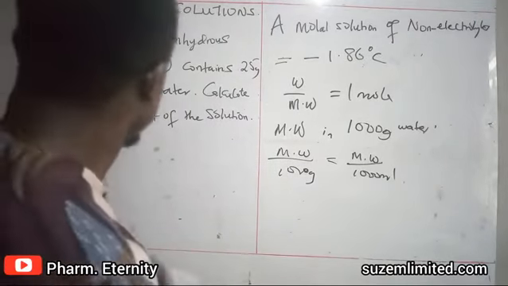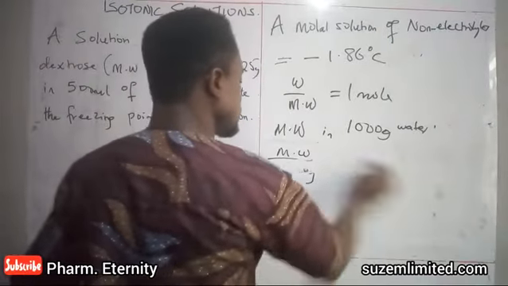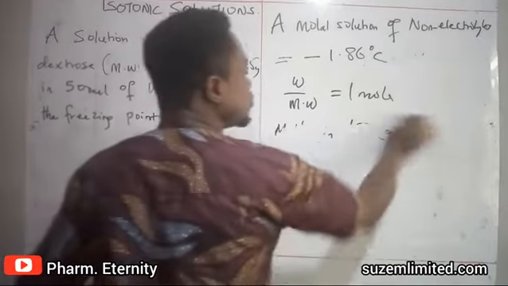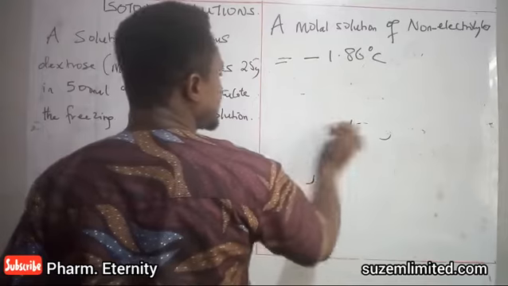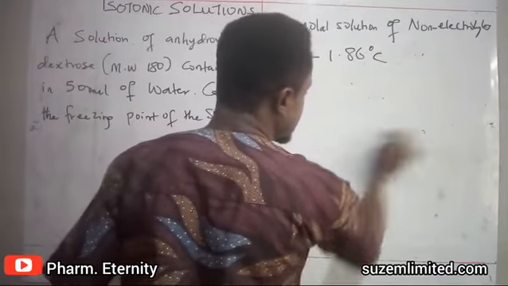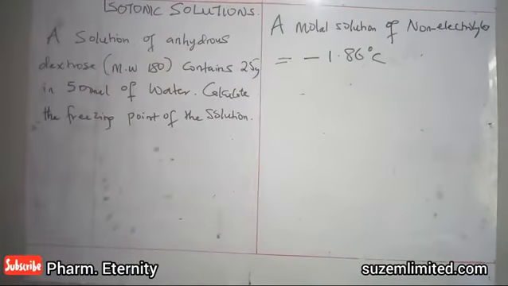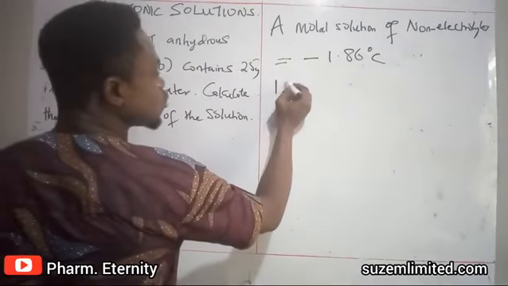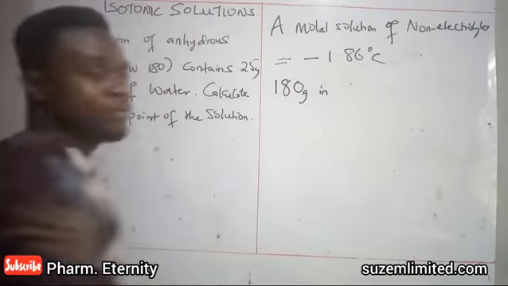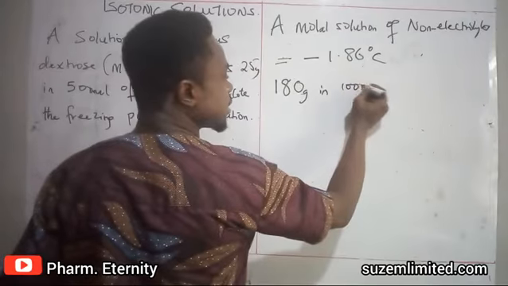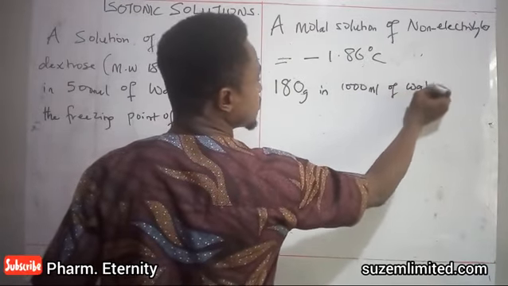Now, coming here, a molar solution of this anhydrous dextrose is talking about the molecular weight of this anhydrous dextrose, which is 180 gram in 1000 ml of water.